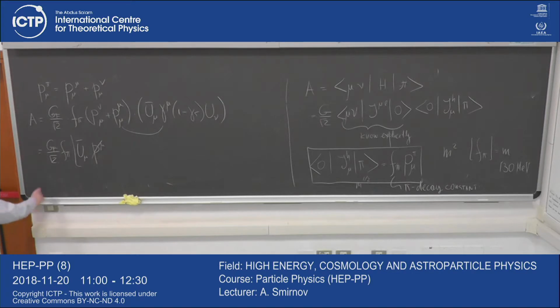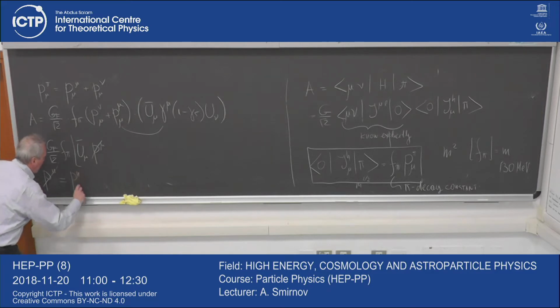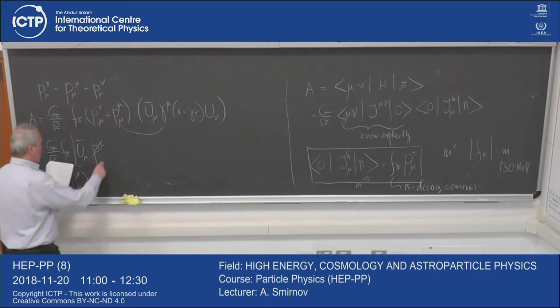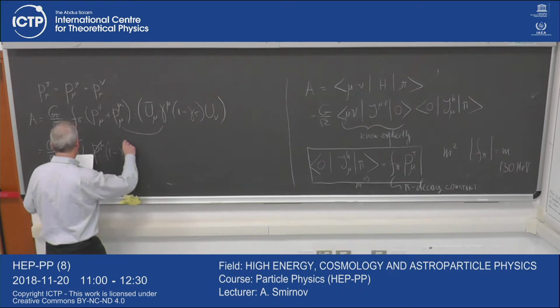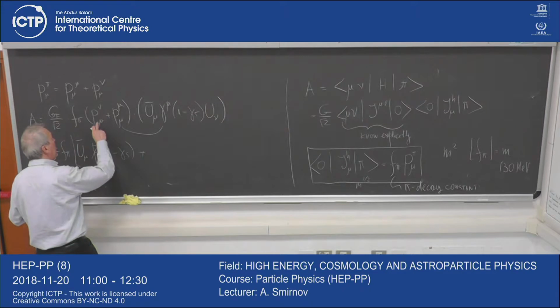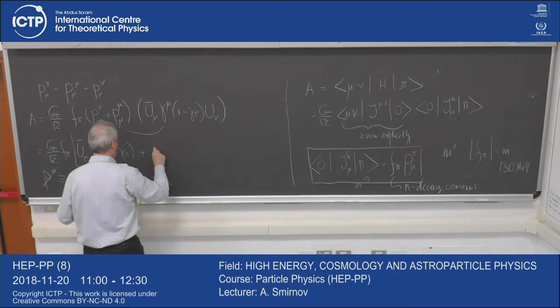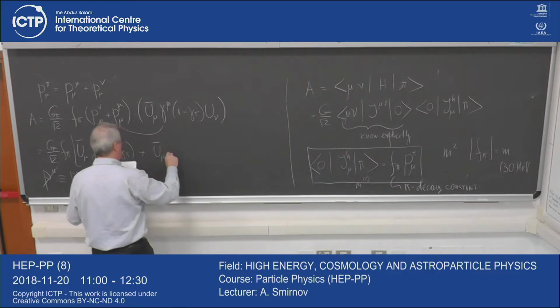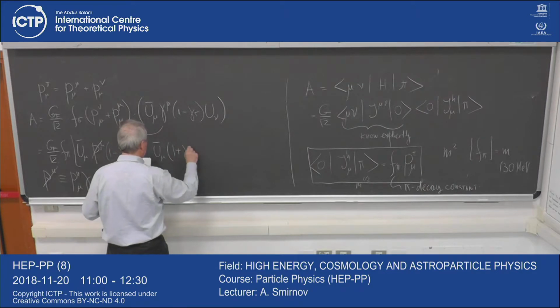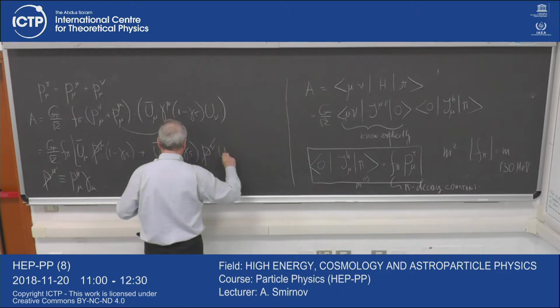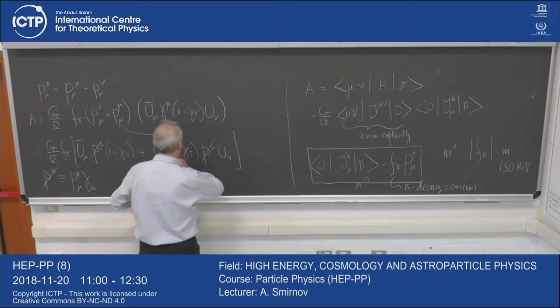So this is as usual P_mu gamma_mu. I could use a different Lorentz index. 1 minus gamma 5, plus I combine this nu also with this mu. The second term will be u_mu, 1 plus gamma 5, P_nu, u_nu.